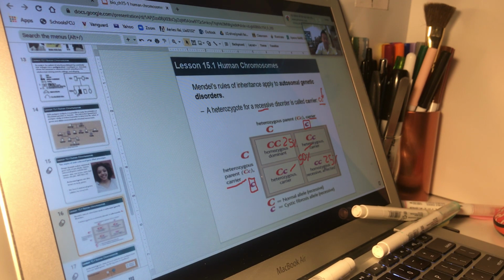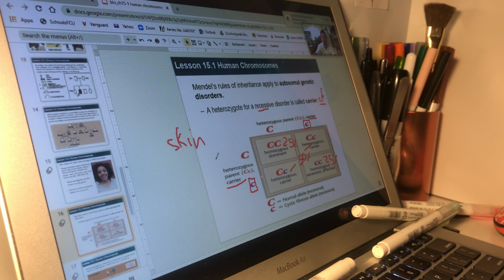So, if this is a disease of the skin, skin is not a sex-related, sex-linked disease. What's the probability of their baby having the skin disease? 25%. 50% chance the baby will be a carrier. That means the baby will carry the disease, not have it, just carry it. 25% the baby will be completely normal.